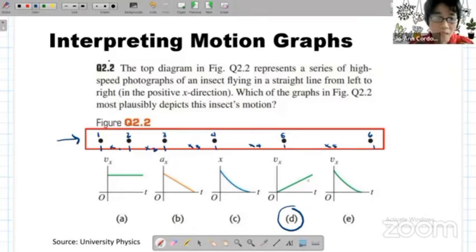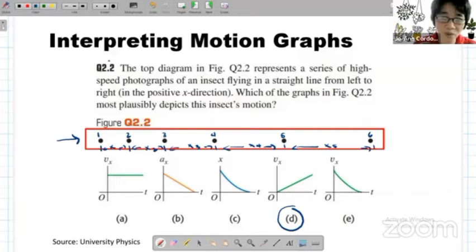Okay, so in any case, our insect is actually increasing its distance traveled. Nag-i-increase yung distance traveled ng ating insect over time. And as it does that, its velocity is supposed to be increasing.